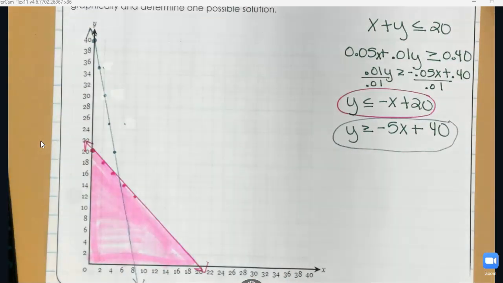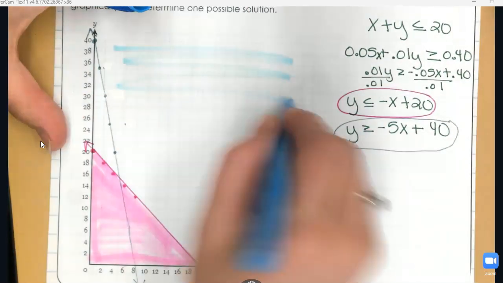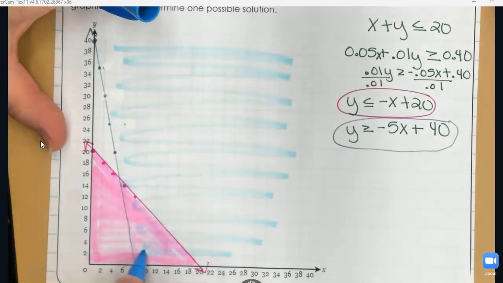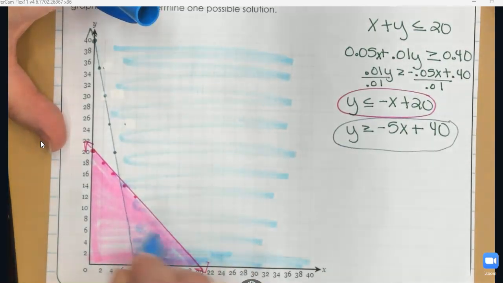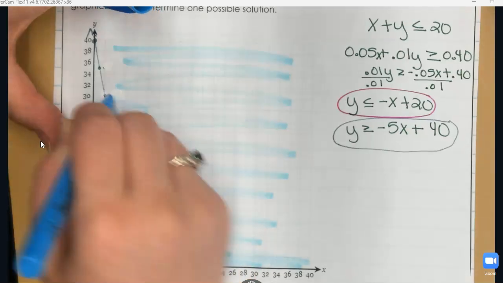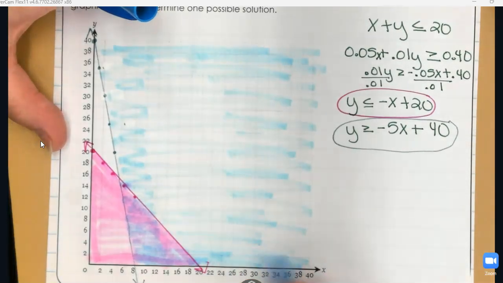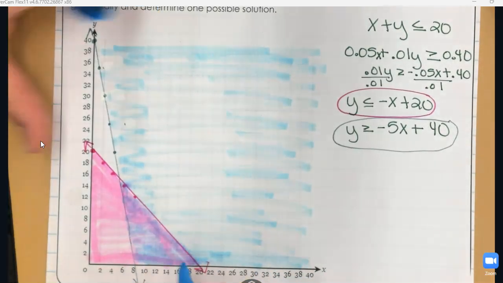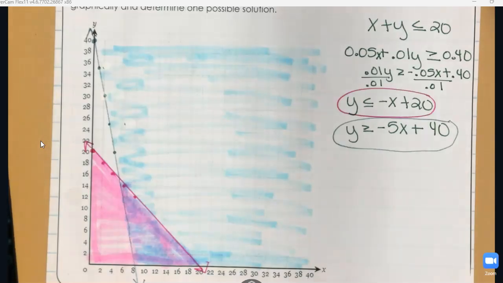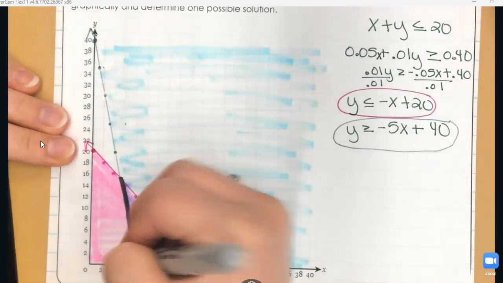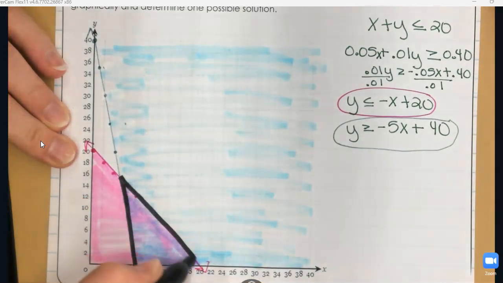And for this one, we are shading above. So my area of interest, where my solutions will lie, is in here, where my pink and blue overlap.